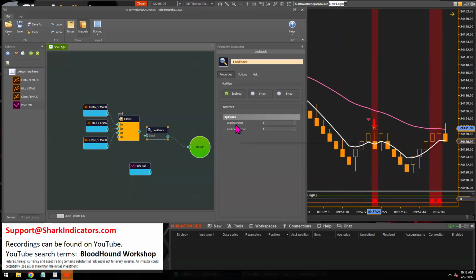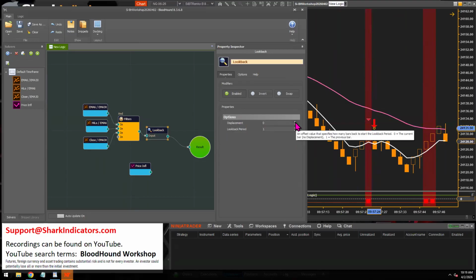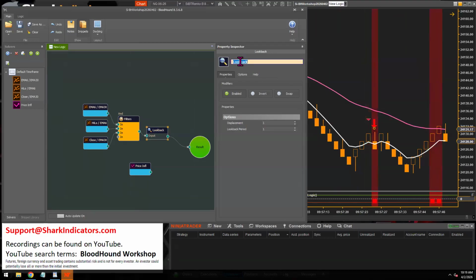So we have it here, and with that displacement, there you go. Now it's shifted forward onto the reversal bar. If we turn the displacement off, set it to 0, our signal is back on the same bar there. That's what we're using, and I always like to name it so I know exactly what the look back is doing.